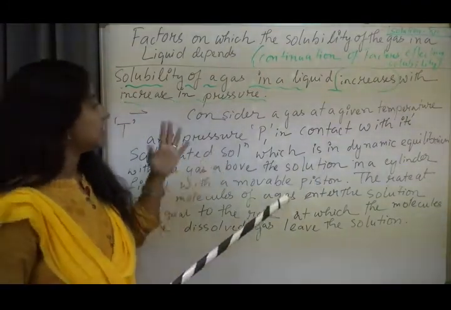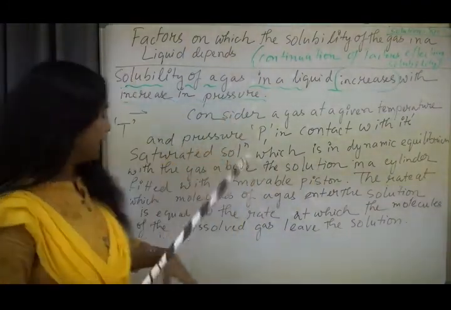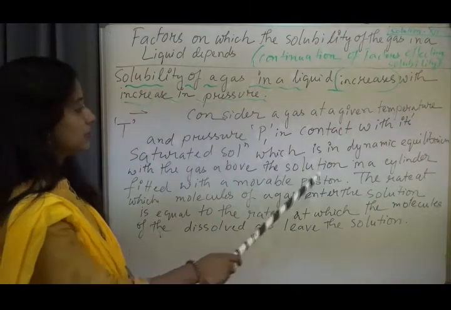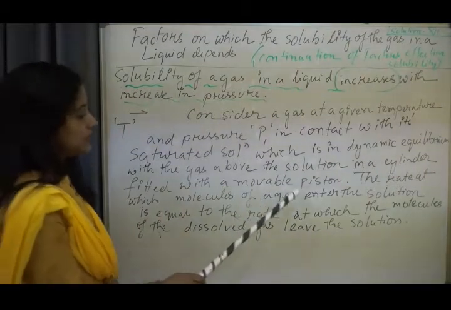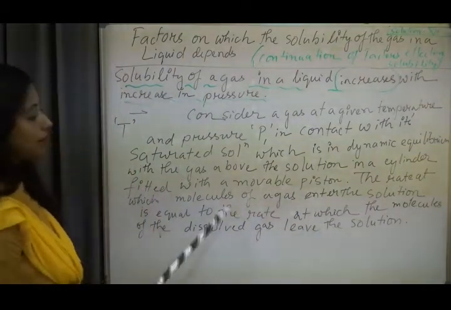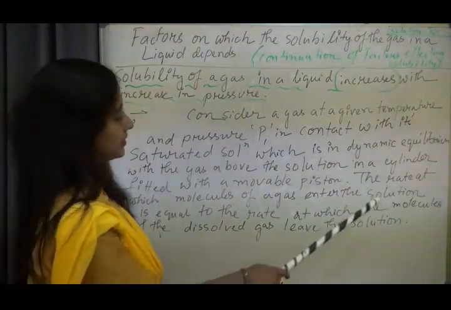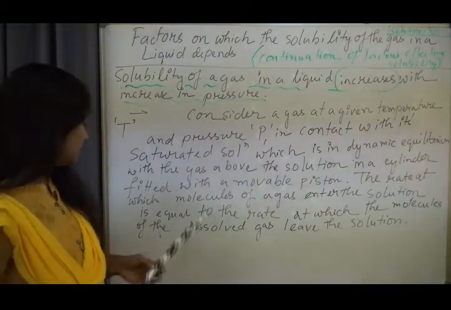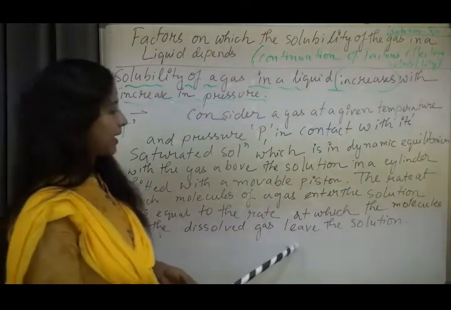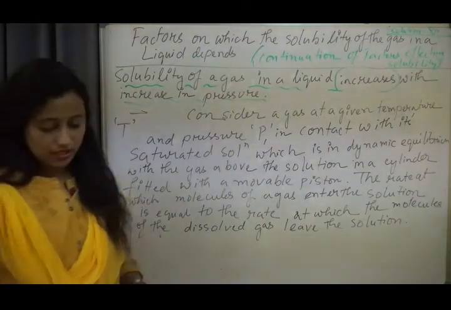The gas is exerted a pressure P1 with the gas above the solution in a cylinder fitted with a movable piston. The rate at which the molecules of a gas enter the solution is equal to the rate at which the molecules of the dissolved gas leave the solution.